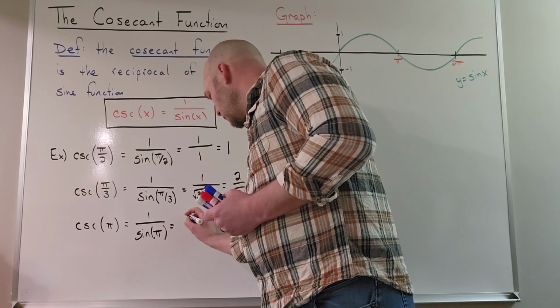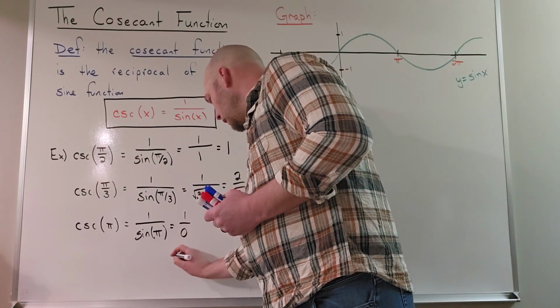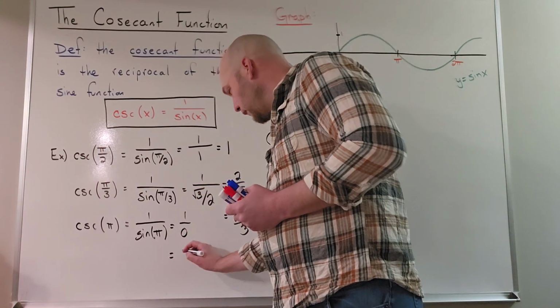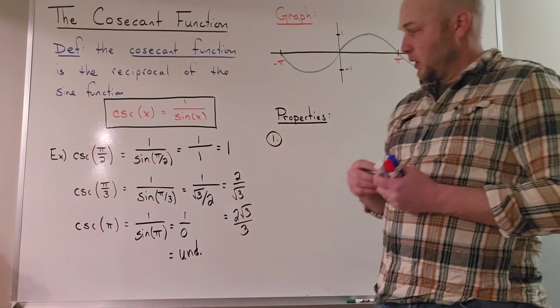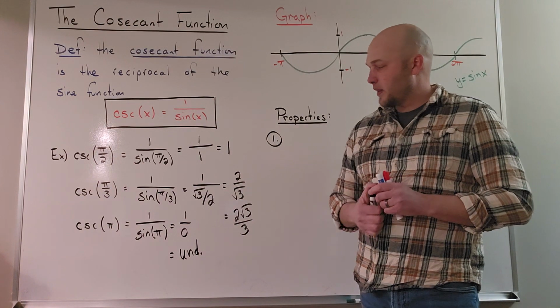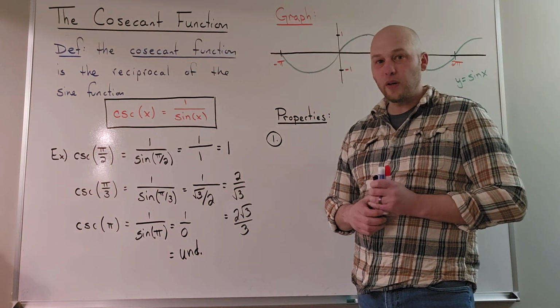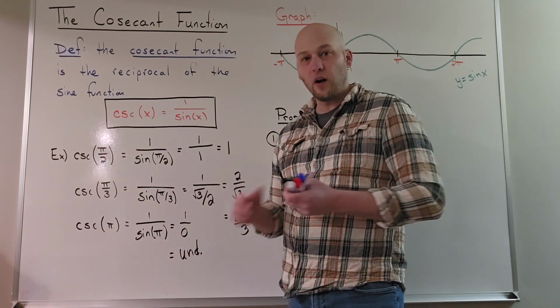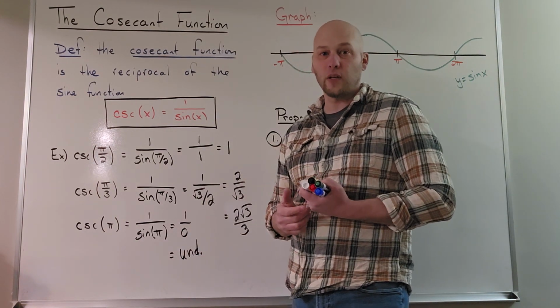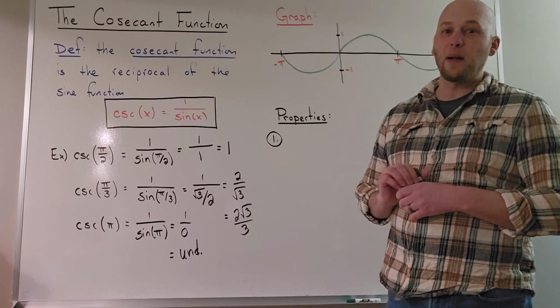That means that this would be 1 over 0, and of course dividing by 0 is undefined, so this is undefined. Now this is one thing that distinguishes these other trig functions from sines and cosines, is that they will have values for which they're undefined. They do have domain restrictions, whereas sine and cosine do not.